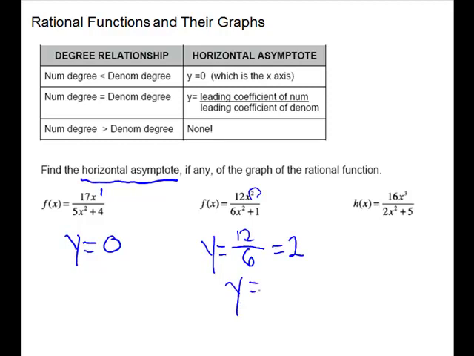So y equals 2 is a horizontal asymptote. Our third one, the degree of your numerator is 3. The degree of the denominator is 2. So this is our third case, where the degree of the numerator is bigger. There is not a horizontal asymptote.